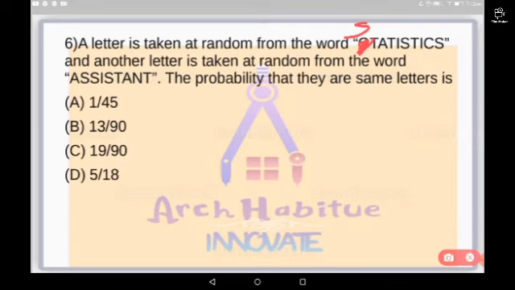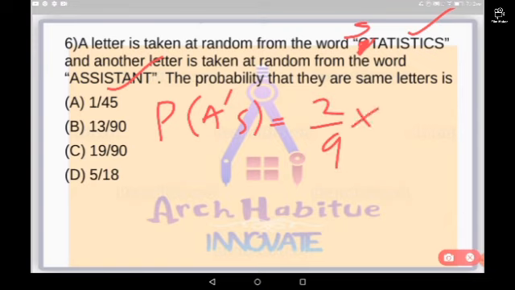So the sixth question, actually we need to find out the pairs separately. When we are taking two A's from this and this, the probability will be this. P of A's will be 2 by 9 into 1 by 10, right? From this it will be 2 by 9, and from 1, 2, 3, 4, 5, 6, 7, 8, 9.